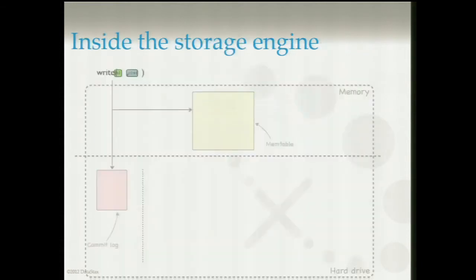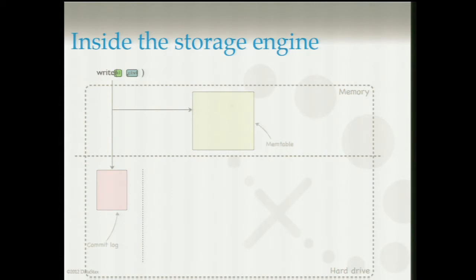To illustrate what I've been talking about, when I have a write here in the upper left, some client is updating a column in one of the rows in my storage engine.